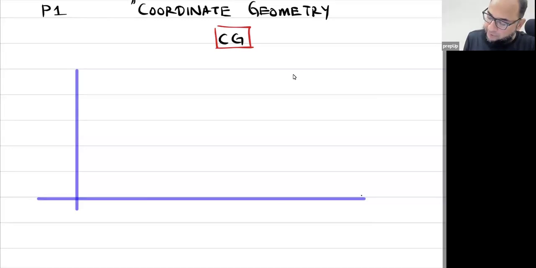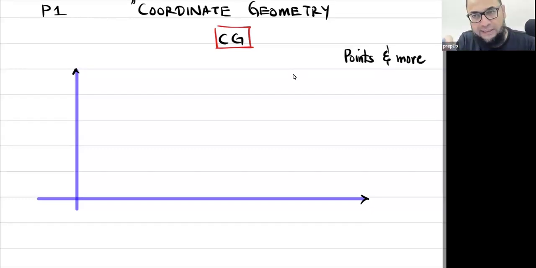Now, what is coordinate geometry all about? Coordinate geometry is about points and more. So we start with points. We can create different shapes, a triangle, a rhombus, a square, a parallelogram, a rectangle, and so on. And then based upon that, we can be talking about many more things.